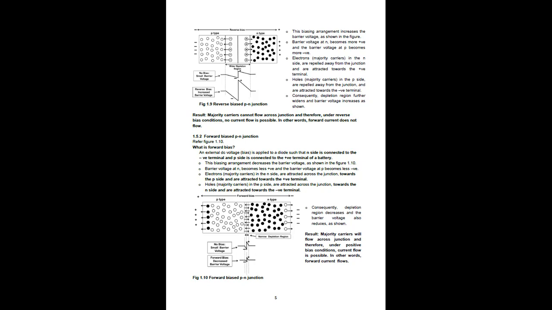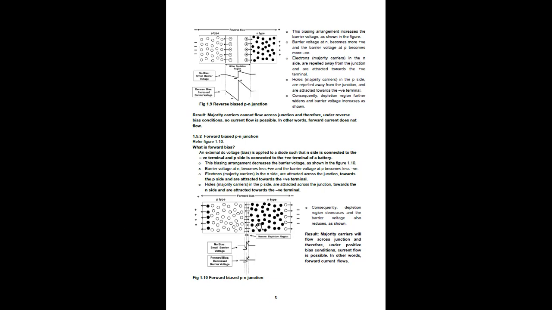Holes, which are the majority carriers on the p side, are attracted across the junction towards the n side and towards the negative terminal. Consequently, the depletion region decreases and the barrier voltage also reduces as shown in figure 1.10.